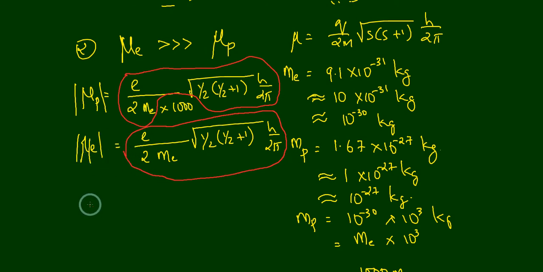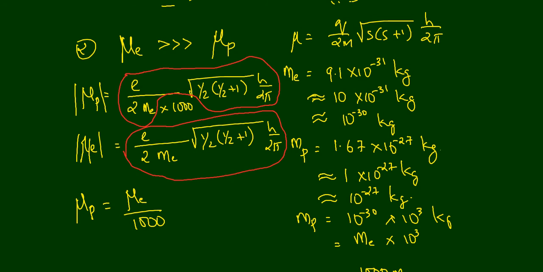So the magnetic dipole moment of the proton is equal to this one, e by 2 mp into root of half plus 1 into h by 2 pi. That is equal to mu e, and in the denominator we have 1000 also.